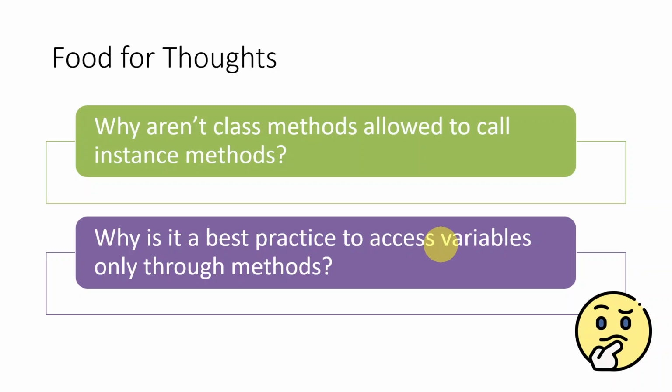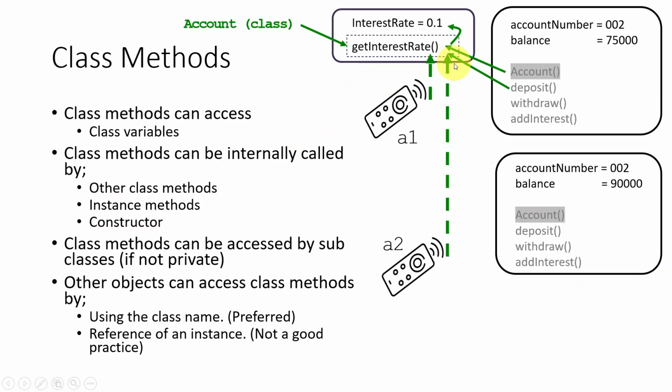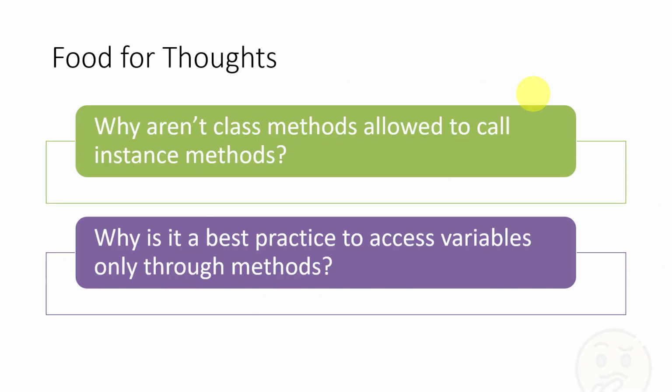These are a few points that you can think about. The first point is, why aren't class methods allowed to call instance methods? You can see that instance methods can call class methods, but class methods cannot call instance methods. What is the reason? Think about it. The second point you can think about is, why is it the best practice to access variables only through methods?